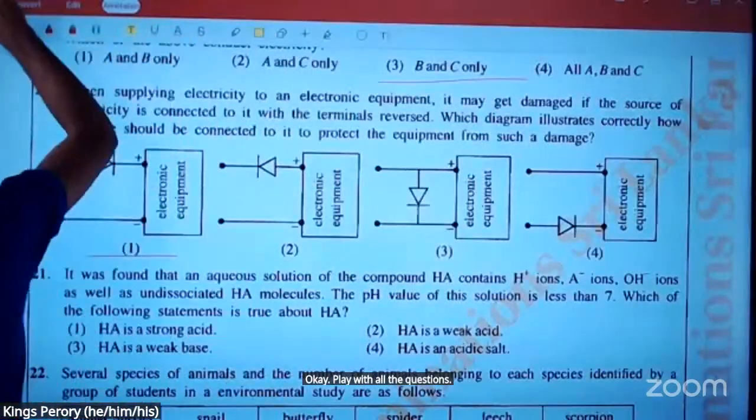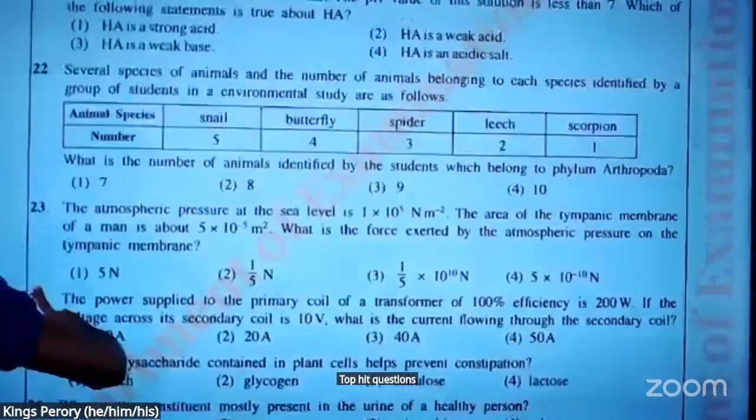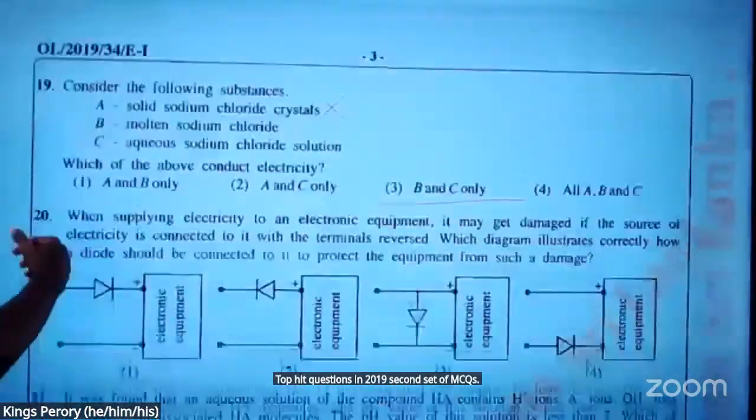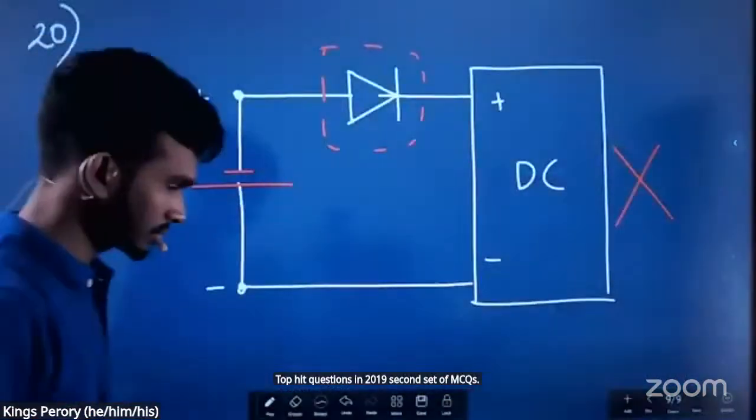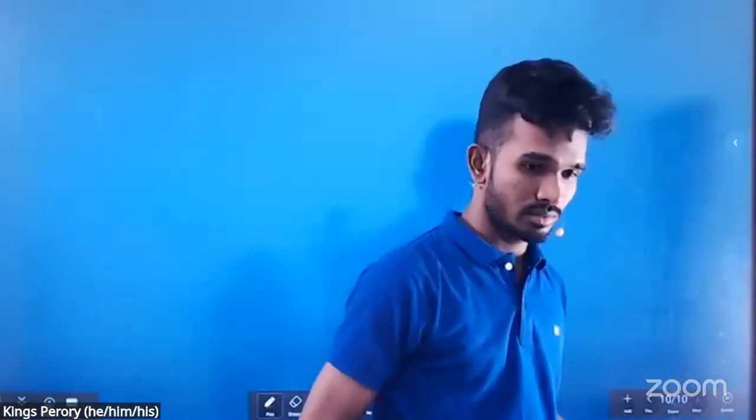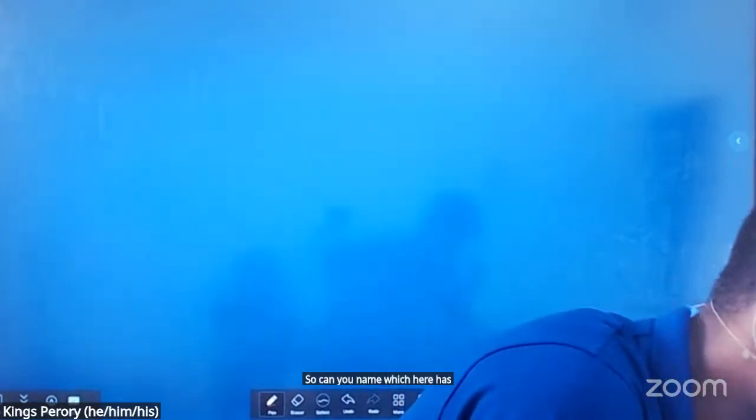Top hit questions, 2019 second set of MCQs. Can you name which year has the best paper for science in this syllabus?